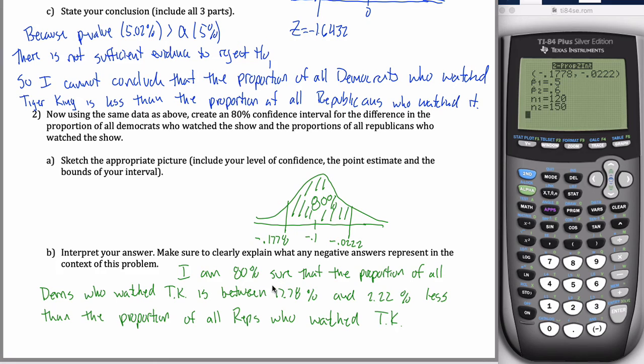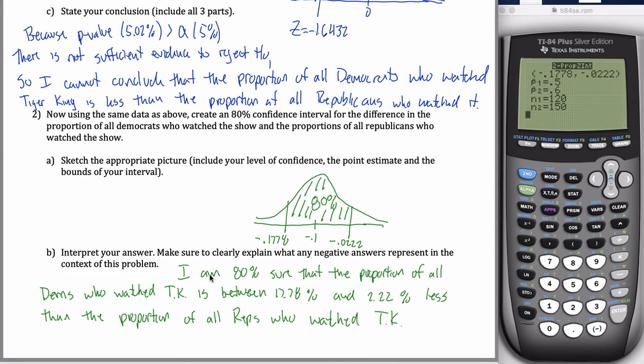So one way I could write what I just said is I am 80% sure that the proportion of all Democrats who watch Tiger King is between 17.78 and 2.22% less than, because these are both negative, the proportion of all Republicans who watched Tiger King.